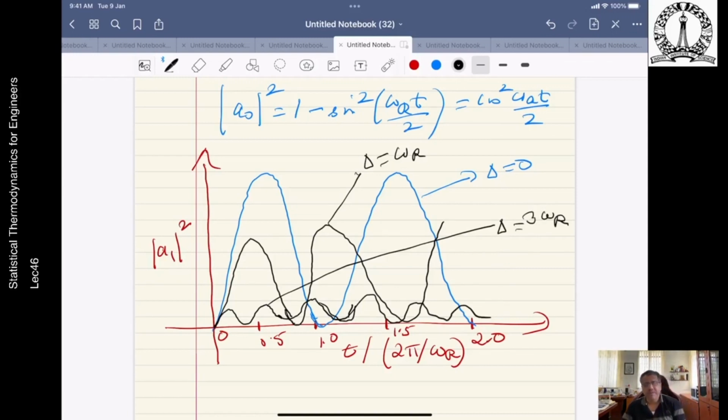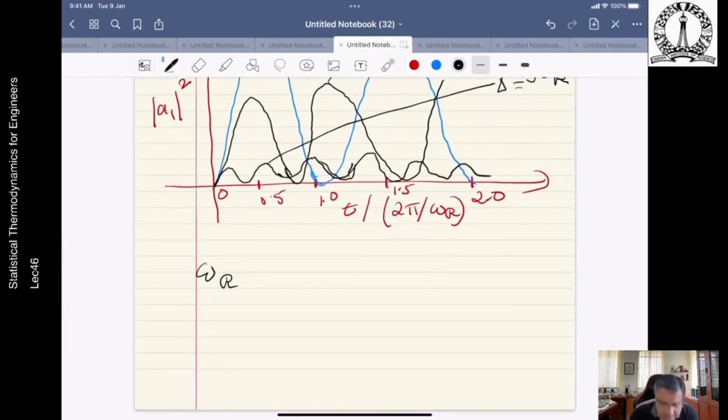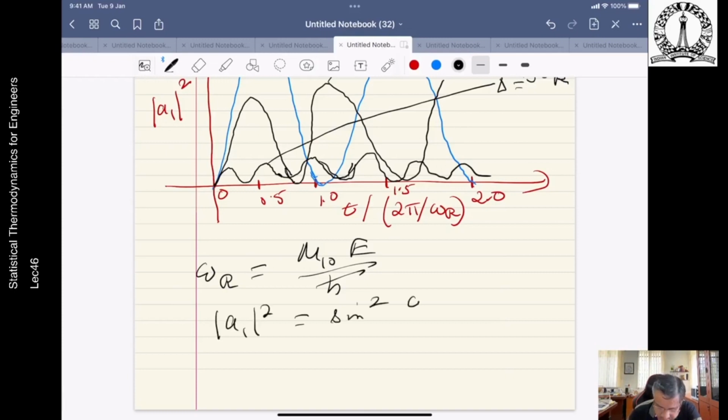The meaning of the Rabi frequency now becomes clear if you look at these two equations, and the equation A1 squared equal to sine squared of omega r t by 2.